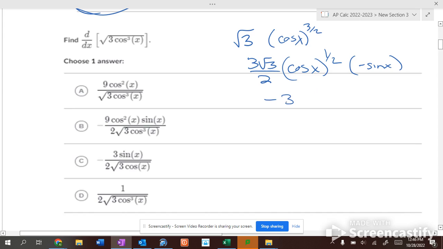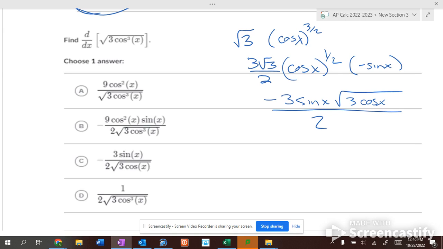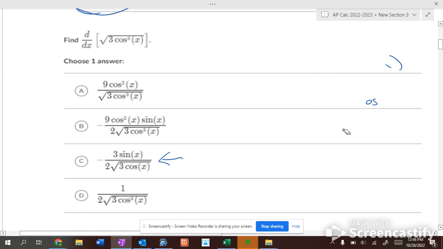So it'd be negative 3 sine of x square root of 3 cosine of x over 2, which doesn't match with any of them yet. I mean, it's really close to this one. So it must be C. I would guess it's C, but I'm going to have to do this. Since it doesn't match, we're going to have to do this another way.